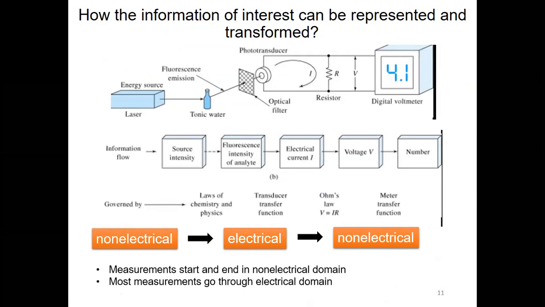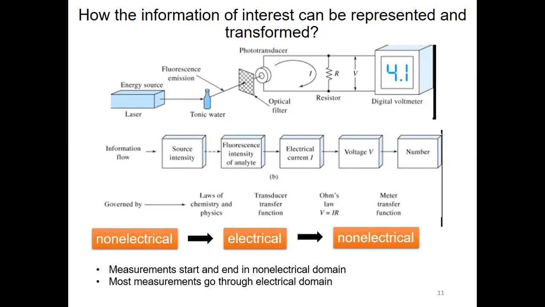That is the normal way of how the instrument works. Normally an instrument starts from the non-electrical one, then the electrical domain, and again the final output will be non-electrical. So the measurement process starts and ends in the non-electrical domain, and the measurement goes through the electrical domain.